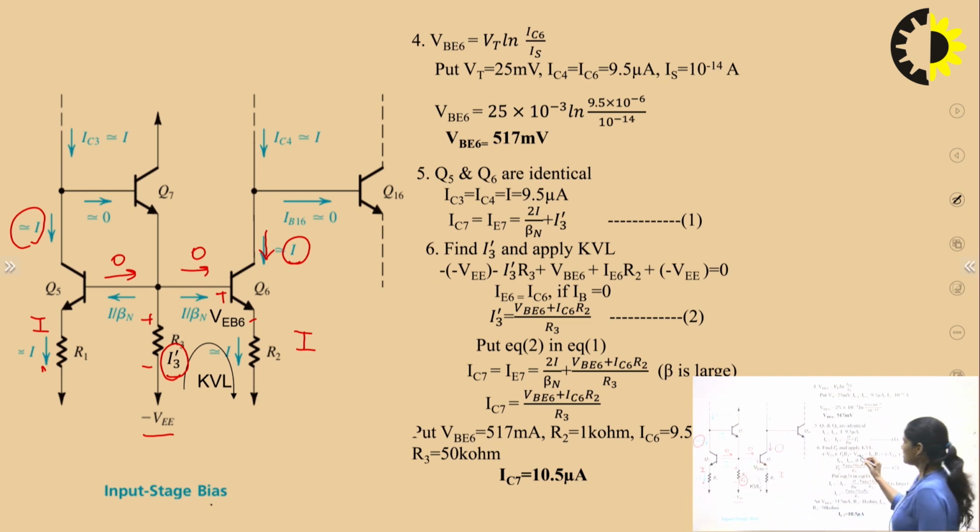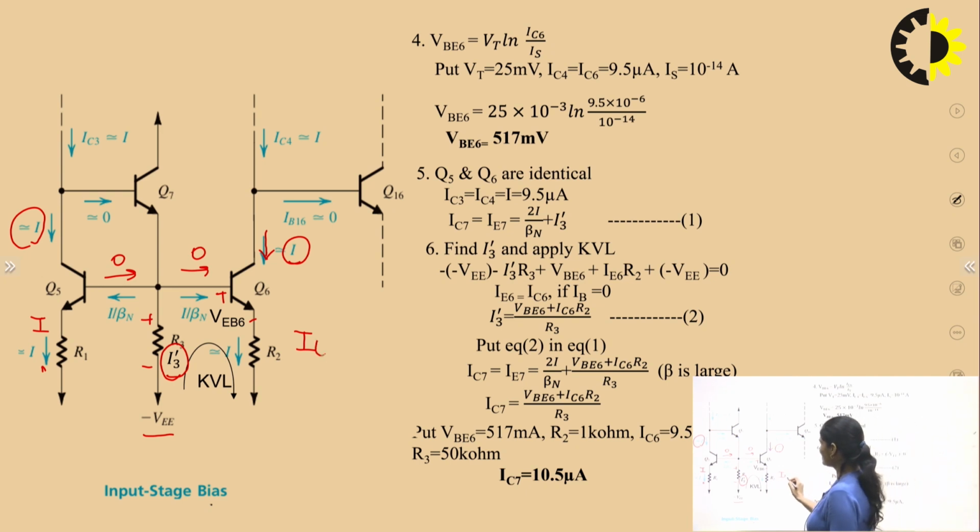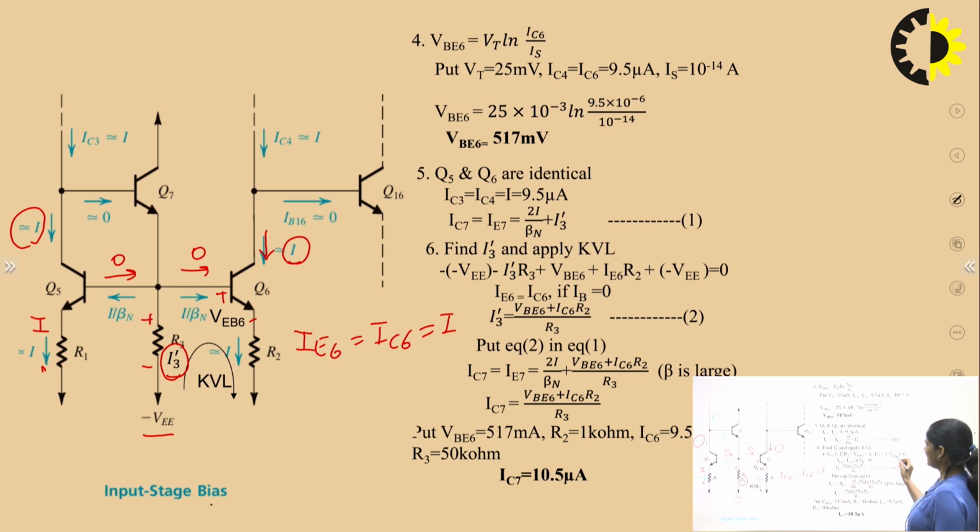So here plus VB6 plus IE6, and IE6 is equal to IC6 is equal to I, minus V is equal to 0. So this one is cancelled out and we will get IE6 equal to IC6 if IB is equal to 0. So from this equation we will get I3 dash is equal to VB6 plus IC6 R2 upon R3.